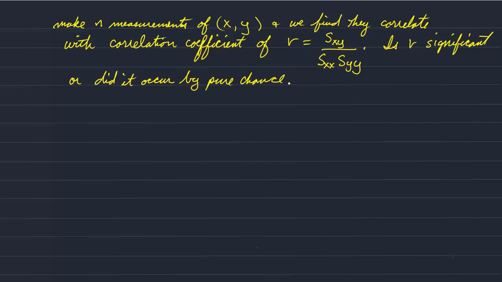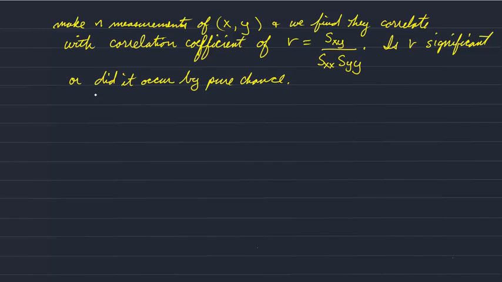Maybe you've already come up with a situation like this where you're interested to see if two variables or data measurements are correlated. Anytime you calculate a correlation coefficient, it's going to be non-zero. I mean, it's going to have some value. The objective here is to test whether that value is significant.